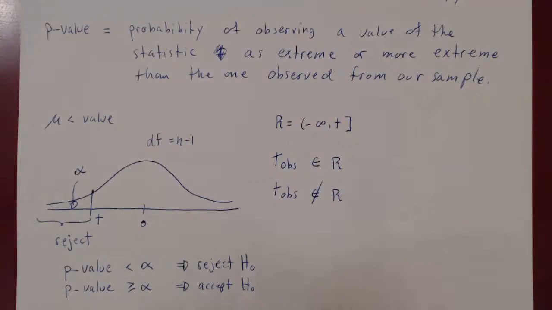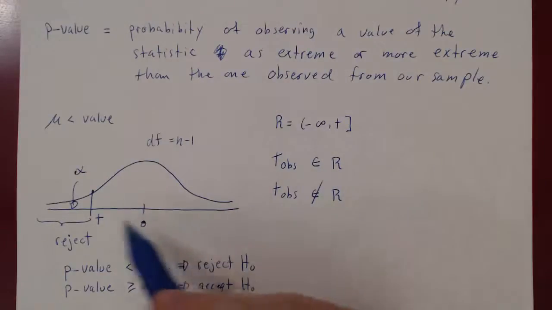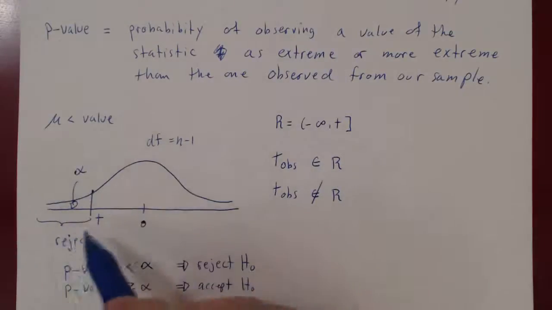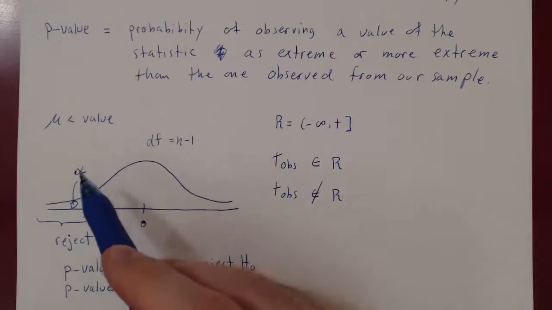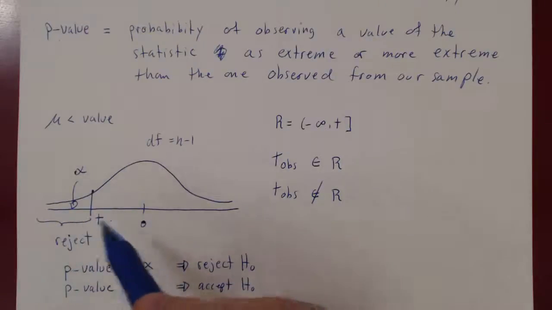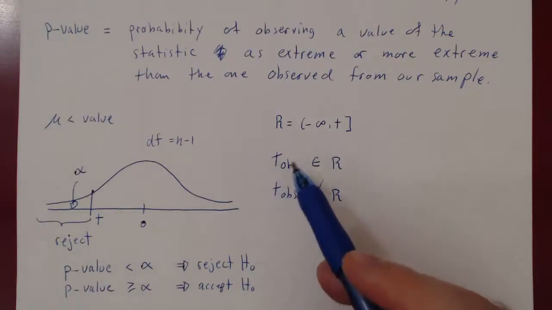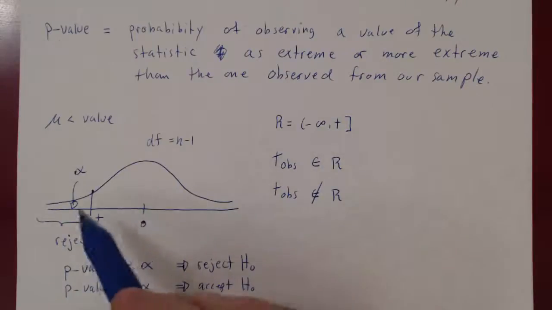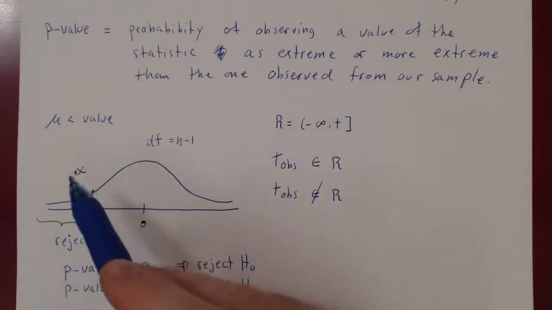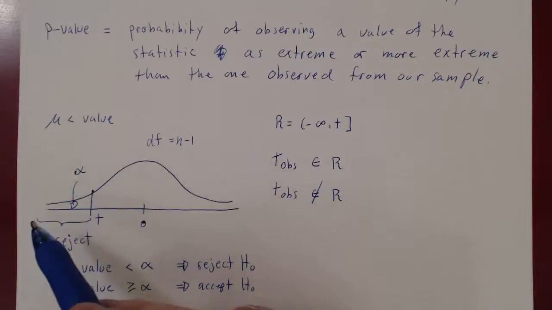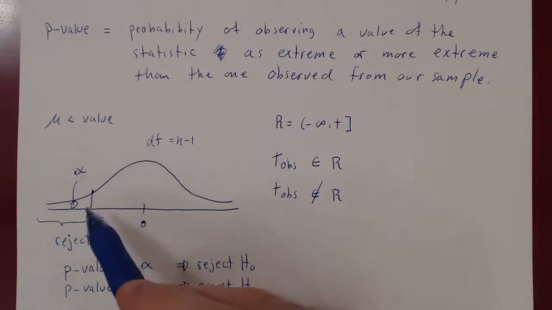Well, if you think about it, R contains, in this case, since we had a left tail test, the smaller alpha percent of values. Alpha was our threshold, so since alpha is very small, a value falling inside of this interval is really unlikely. If you ask what is the probability that we observe the t-score inside this interval, the answer is alpha percent or smaller. So that's really unlikely.